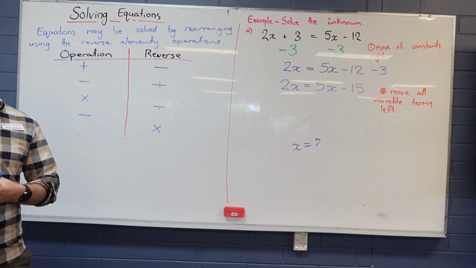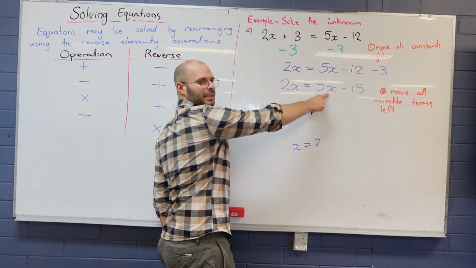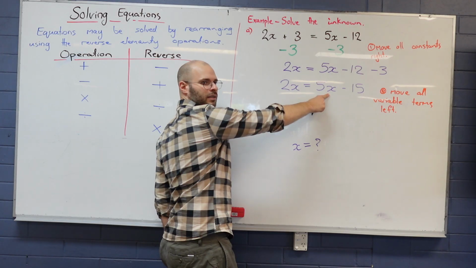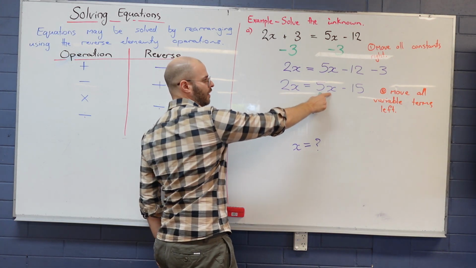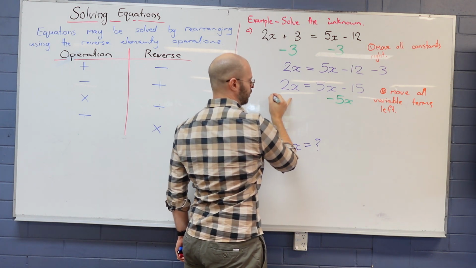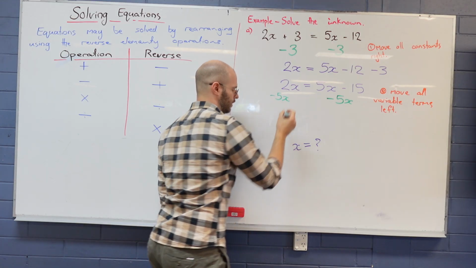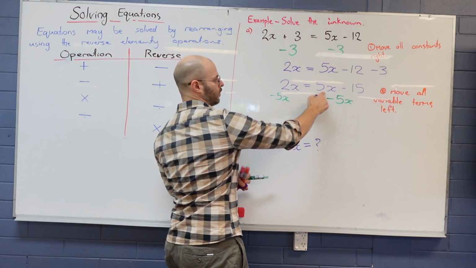If we have a look at our equation, you can see that we've got a variable term on the right. Is that in the right place? Not quite. We want them on the left only. So if we see a plus 5x over here, we can remove that by taking 5x from both sides of the equation. This has the effect of removing this guy.